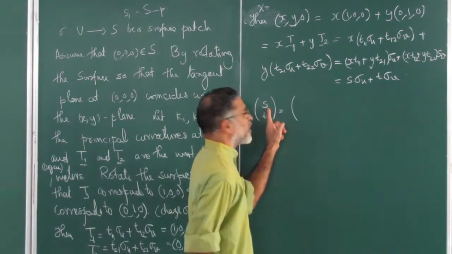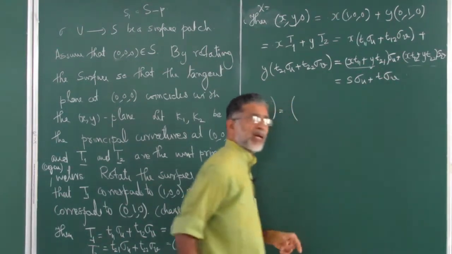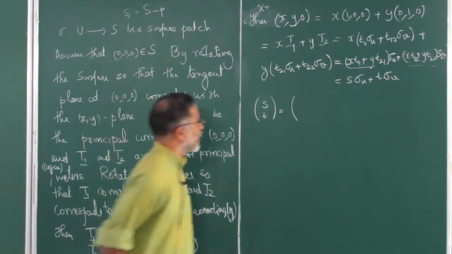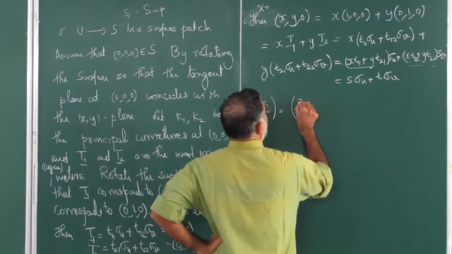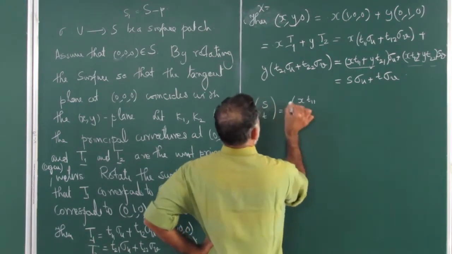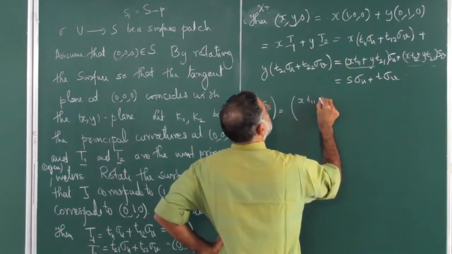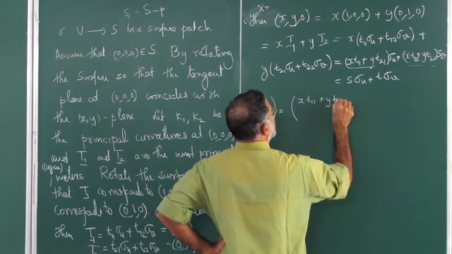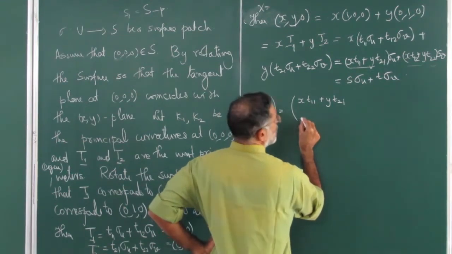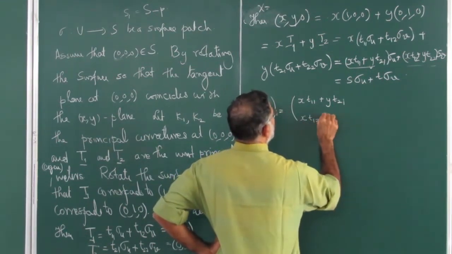Because of uniqueness, your s is going to be this and t is going to be this, because both are written as linear combination of sigma u and sigma v, they are unique. So your s is going to be x t11 plus y t21, and t is equal to x t12 plus y t22.